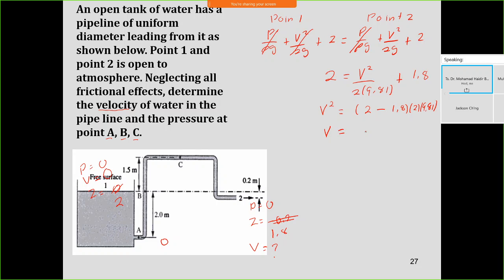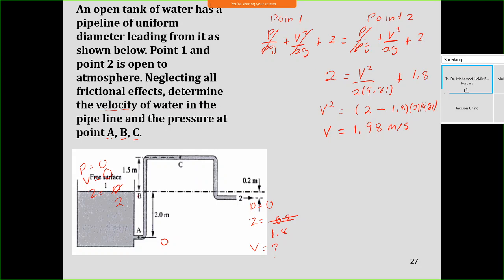So you get V equal to the square root of 0.2 times 2 times 9.81, which is 3.9, and then the square root is 1.98 meter per second. Okay, you have the answer for the velocity.